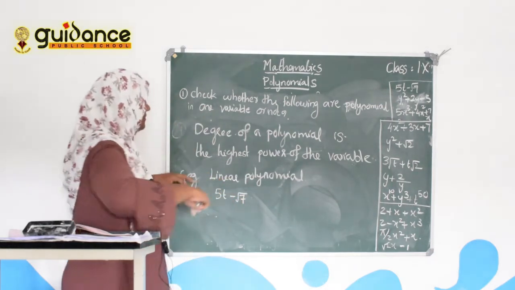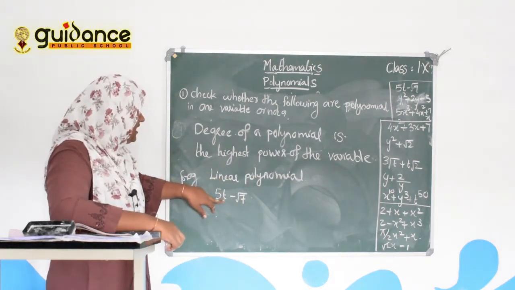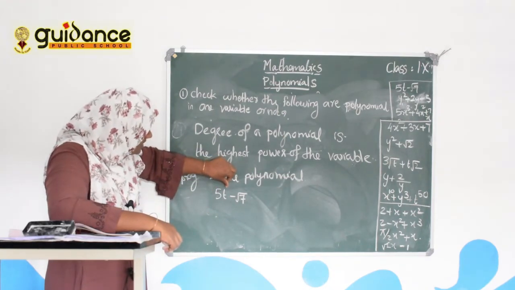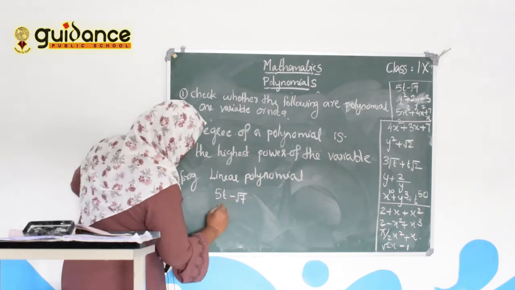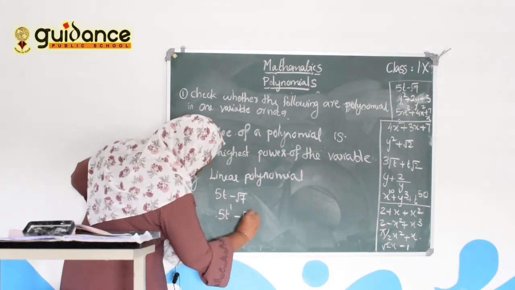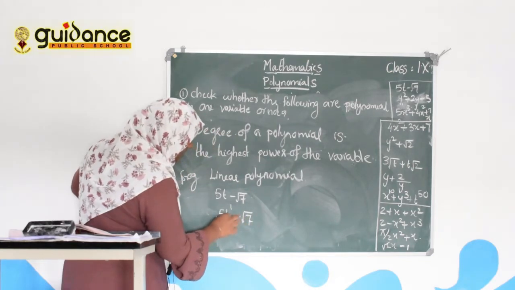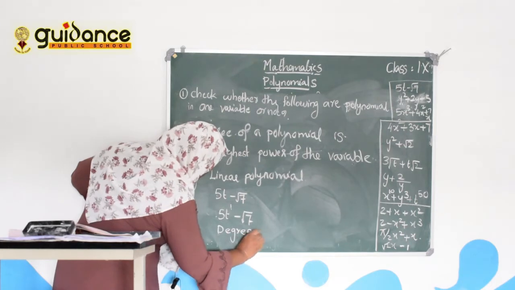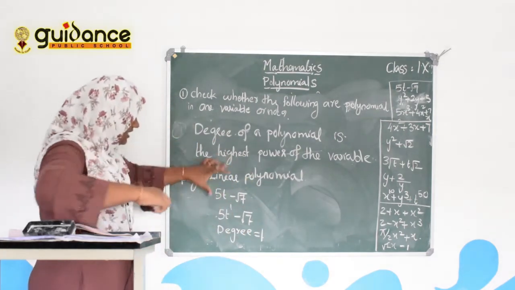In this polynomial the variable is t, and the highest power of the variable is 1. Therefore, 5t can be written as 5t raised to 1 minus root 7. Therefore, the highest power equal to 1, the degree equal to 1. This is a linear polynomial.